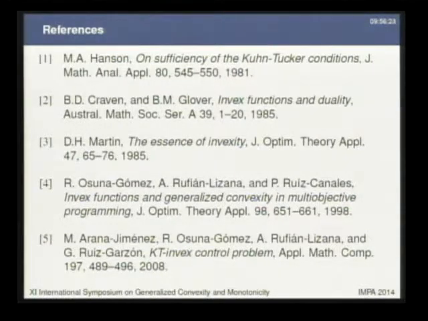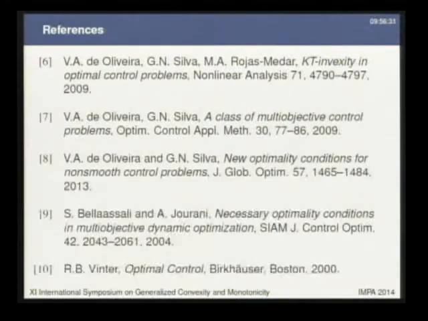This KT invex was brought to the control problems context in this paper and this one. We first studied multi-objective control problems in this paper, but in the smooth case. The non-smooth case was treated here, but the scalar case, not the multi-objective case.